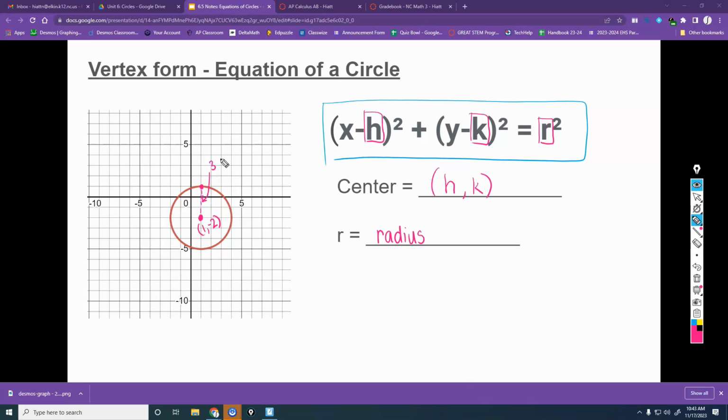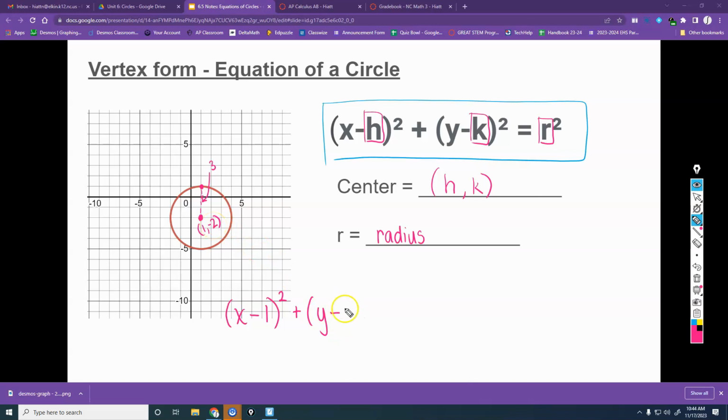So if I was wanting to write the equation of this circle, this is all I would have to do. I would do x minus, h is the x coordinate of your center, so that would be 1, and there's a square right there, plus y minus, and then k is the y coordinate of your center.